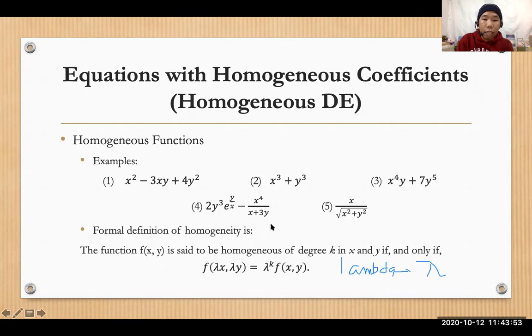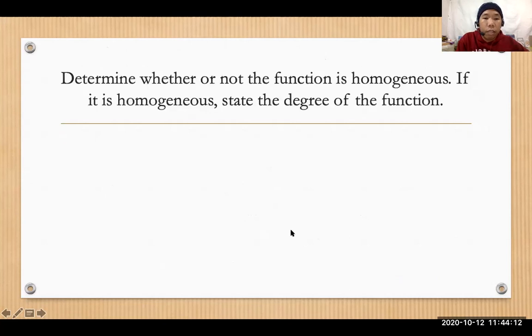But in these last two examples, we will apply this formal definition of homogeneity of a function. Let's go to the next page to show you why these functions are homogeneous. Determine whether or not the function is homogeneous. If it's homogeneous, state the degree of the function.